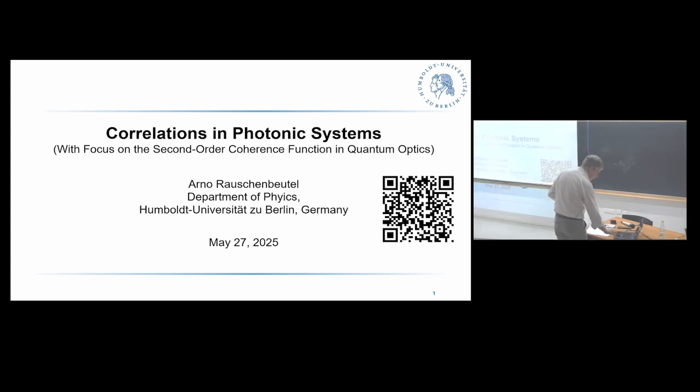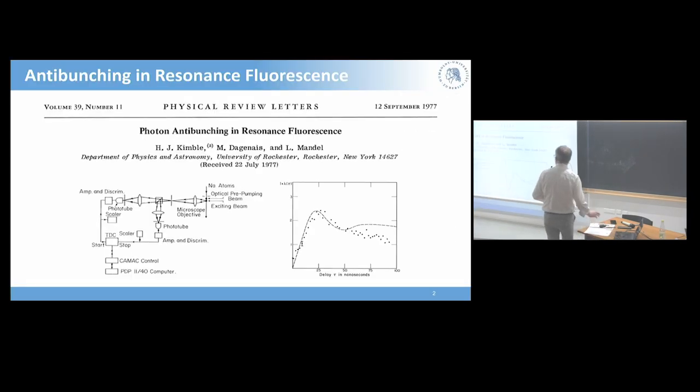And if we look at the fluorescence of atoms which are resonantly illuminated with a light field, with a coherent light field, with a laser, the setup pretty much still looks the same today.